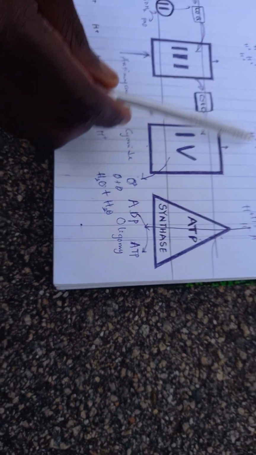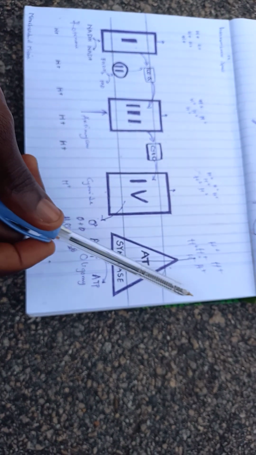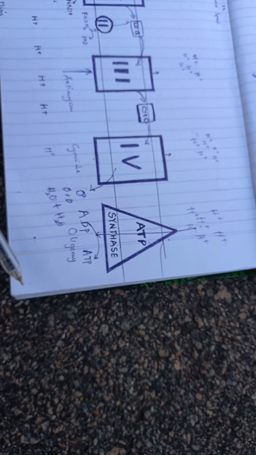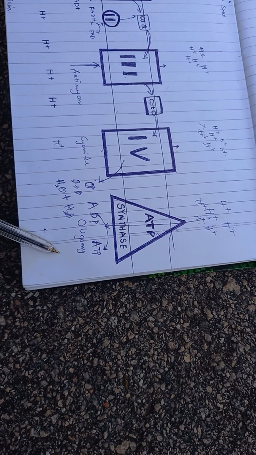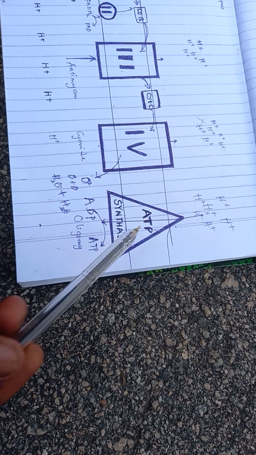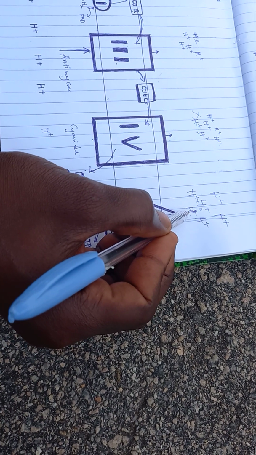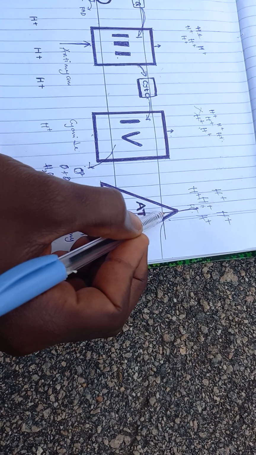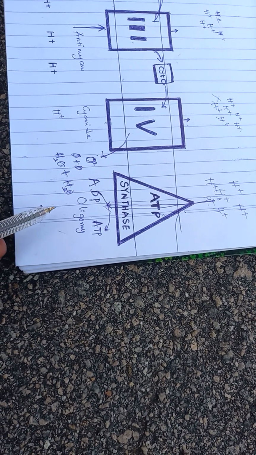Because technically, molecules always like to move from a region of higher concentration to a region of lower concentration in order to obtain equilibrium. So ATP synthase has to drag protons from the intermembrane space down to the mitochondrial matrix.